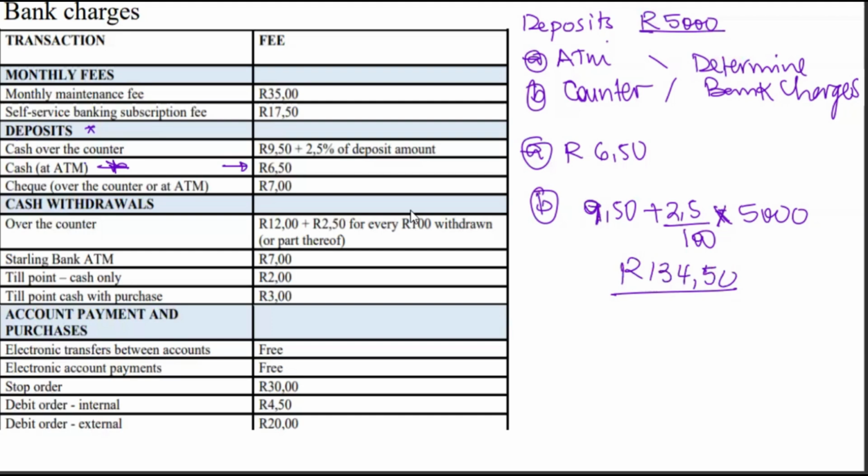Number two, inside the counter, you are not using a machine, you're using a human being who is paid. So they have to get paid for the services they render. That's why inside is more expensive than using the ATM.